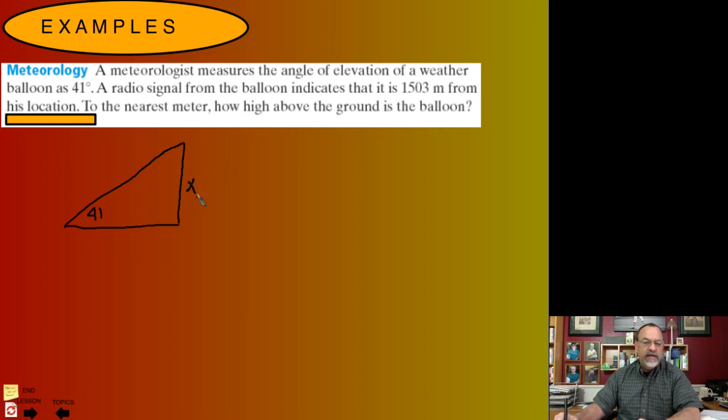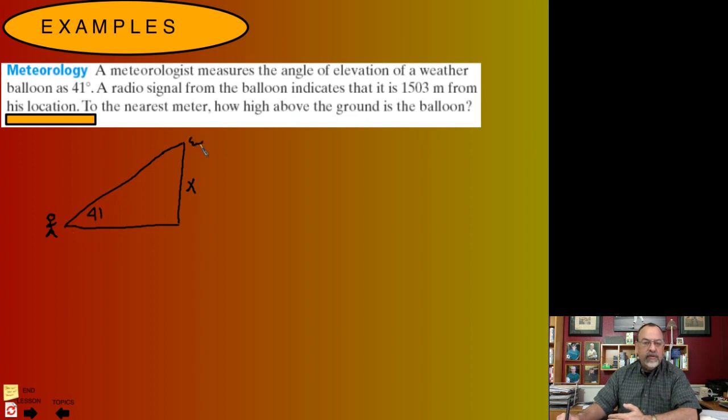So I know this is x, so the question is, is this the 1,503 meters or is this the 1,503 meters? And this becomes the most difficult part of the problem. Well, if you think about it this way, a radio signal from the balloon indicates that it's 1,503 meters. So the meteorologist is standing here and he is getting a radio signal from the balloon. So which path would the radio signal follow?